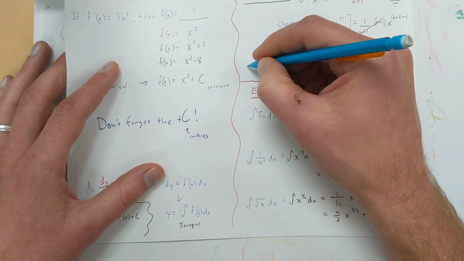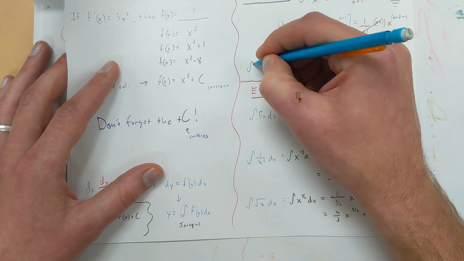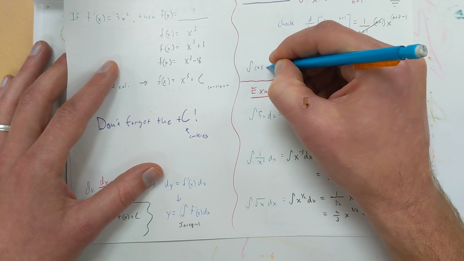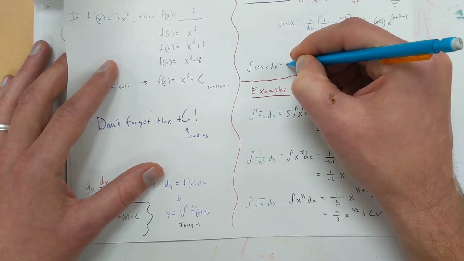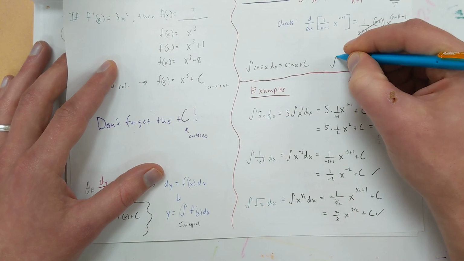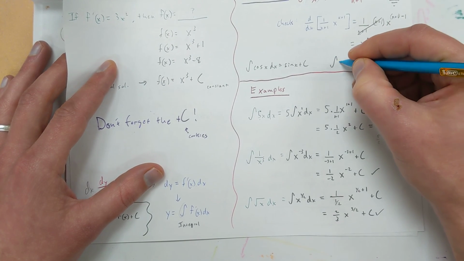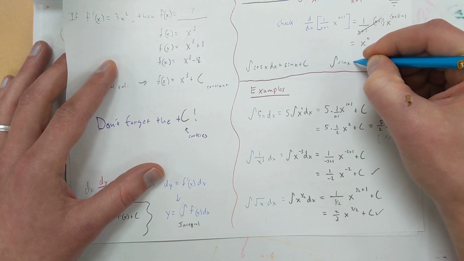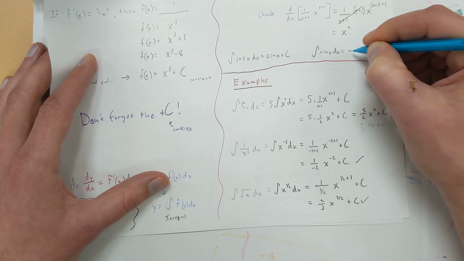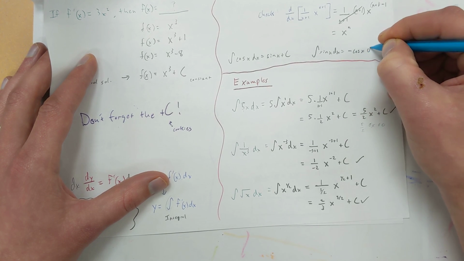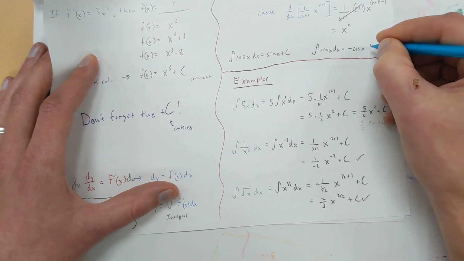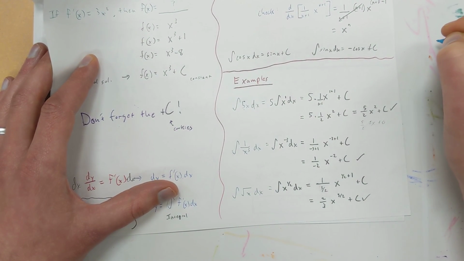And just as a reminder, the antiderivative of cosine of x is sine of x, and the antiderivative of sine of x is negative cosine of x plus c.